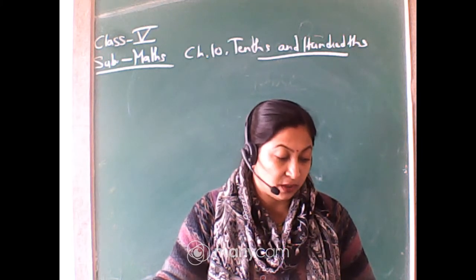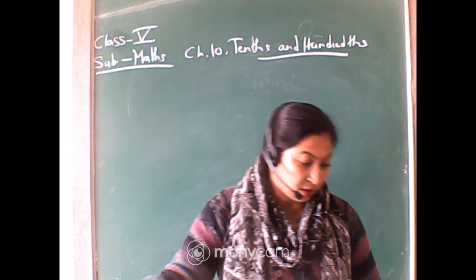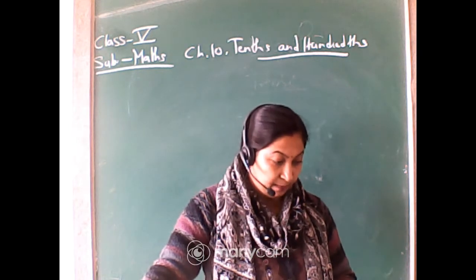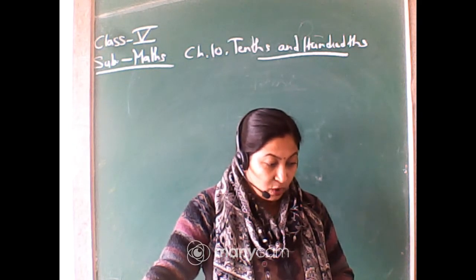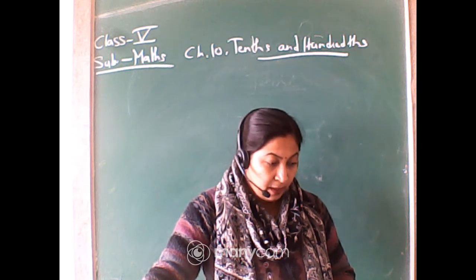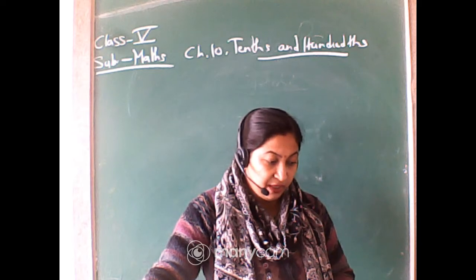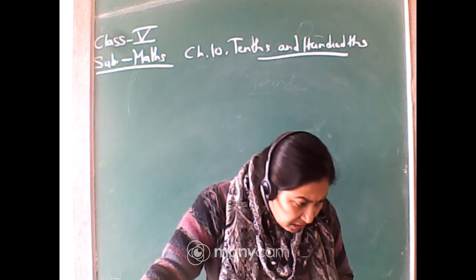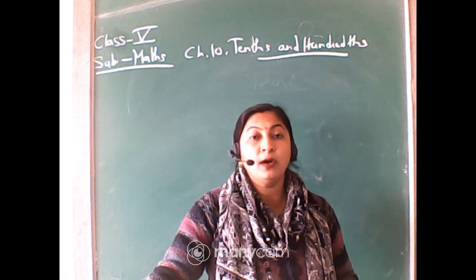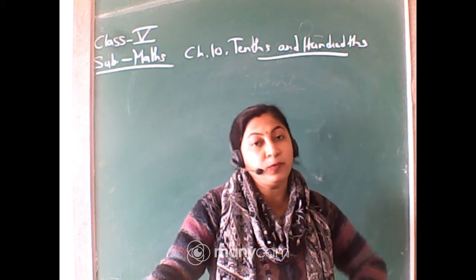Write in the chat box. Quickly write in the chat box. Can you guess what is the measurement of the small pencil? Onik is writing 4. Prarthana, Shivam, they are writing 3. Even Swastika is also writing 4. Okay, that means your guess is between 3 to 4, isn't it?